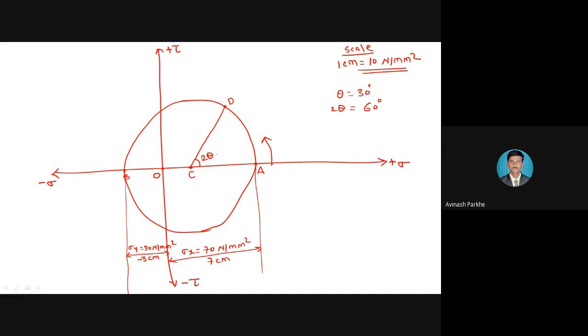It is in anti-clockwise direction. Why? Because theta is positive and upper portion is represented as positive. So theta is represented in the positive region in anti-clockwise direction, 2 theta. And due to this 2 theta, you will get this particular point D. Then from point D, again draw one vertical line like the previous one by the dotted lines.